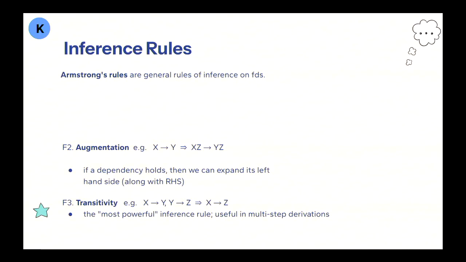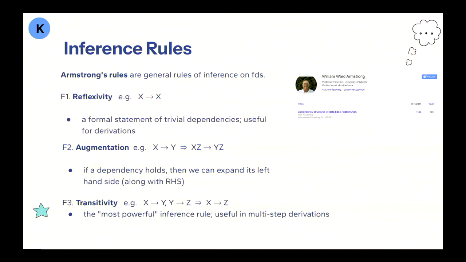Neil Armstrong, the astronaut, but not that person. The person is called William Ward Armstrong, and he's a professor from the University of Alberta, and he's still alive, and he's almost as old as Neil Armstrong, but I think he's a bit younger, and he's the guy who came up with Armstrong's rules, and there are 3 rules here.